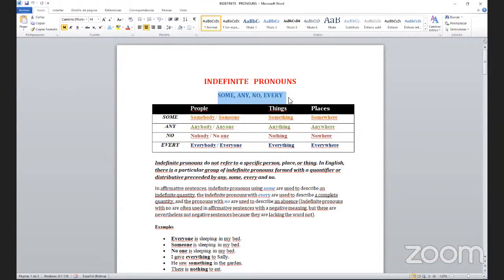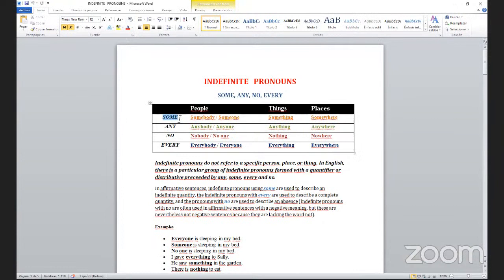These four words are called indefinite pronouns, but we have different uses of these words, for example when we use them for people, for things, or maybe for places, okay? So what are the common words that we can combine with these four?